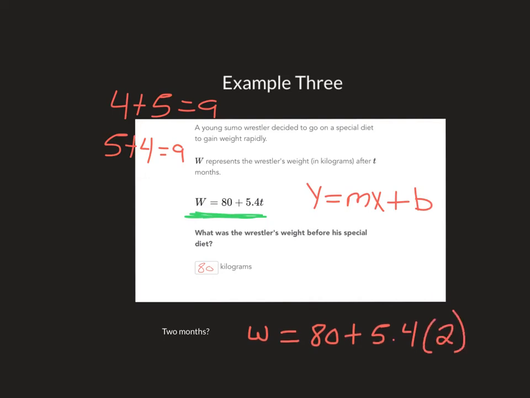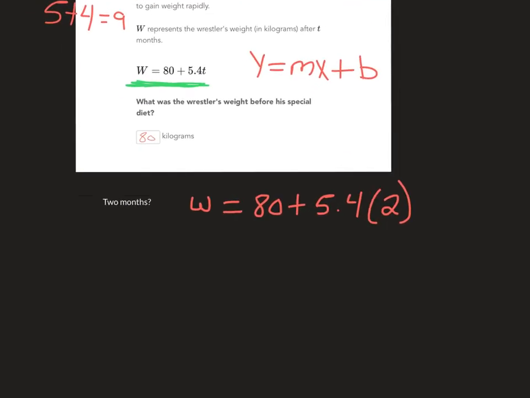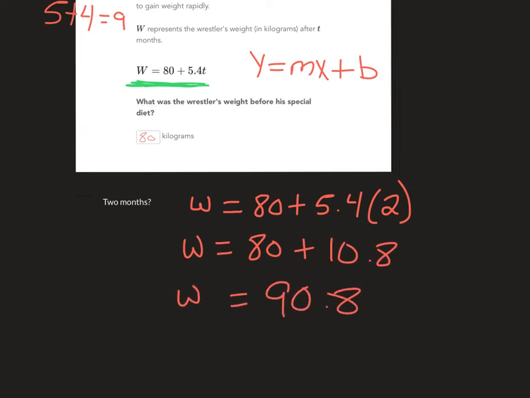So then what we do from here is we need to go 5.4 times 2, and 5.4 times 2 is 10.8. Then we're going to add 80 plus 10.8, and we're going to know that his weight after 2 months is equal to 90.8 kilograms. So for these questions, just be careful with what it's asking, and you got it.